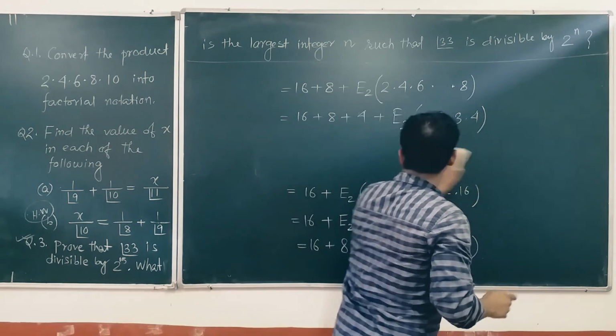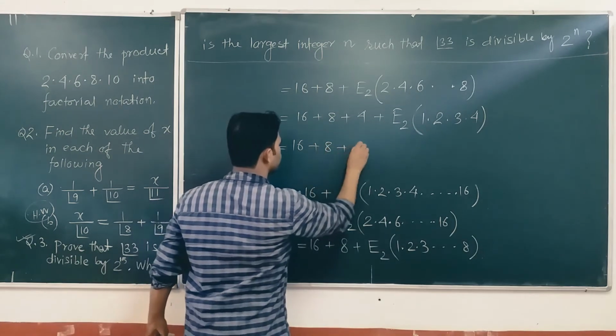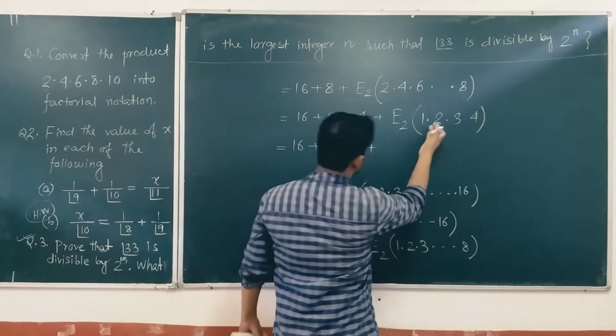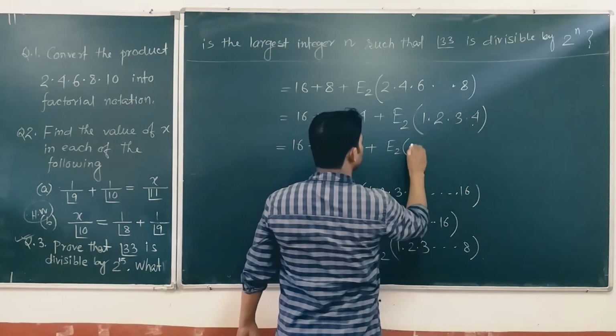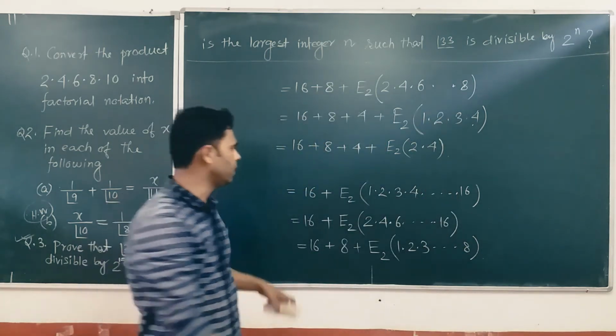Then proceed: is equal to 16 plus 8 plus 4, then plus. After this you can write directly, but I have written it: e2 of 2 and 4. Only 2 and 4 will be there, but for 1 and 3 no power of 2 will be there.